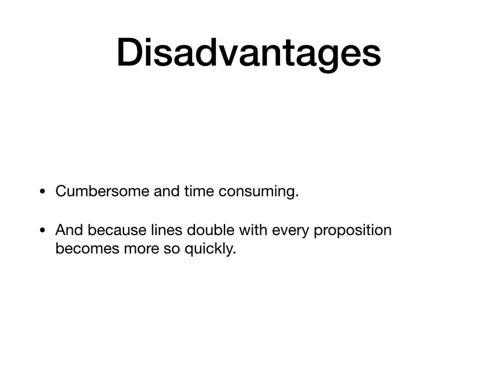You have 5 propositions, you have 32 rows. If you have 6, it's 64. That gets to be very, very hard to work with very quickly. Not only is it time consuming, but because you have to fill everything in, it gets easier and easier to make a mistake.